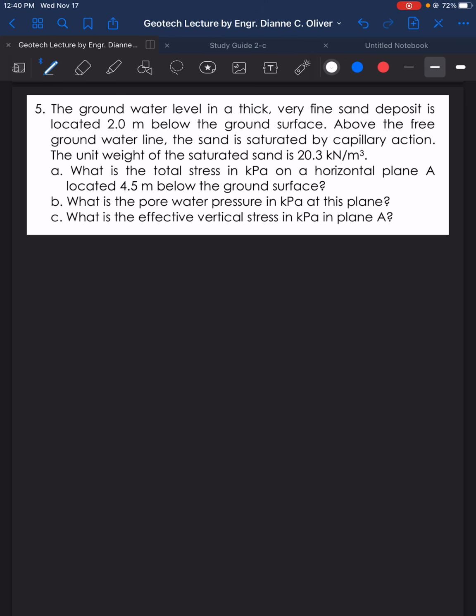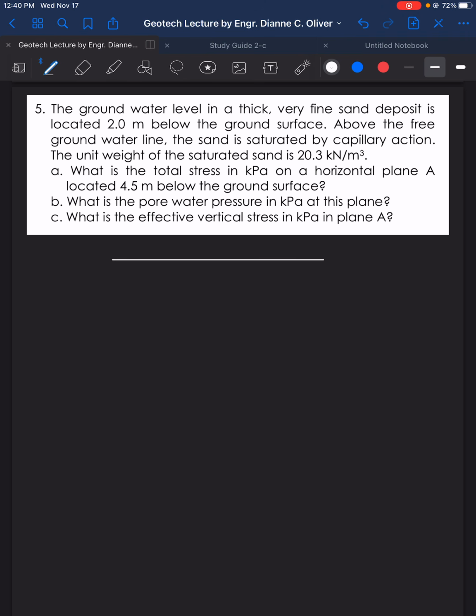So we only have one type of soil, and that is sand. So if we draw this, it says there is a groundwater level that is 2 meters below the ground surface.